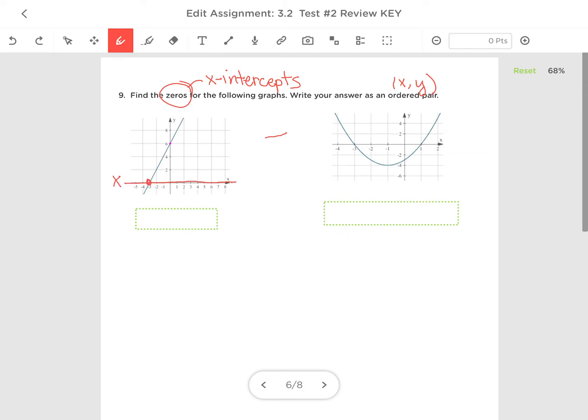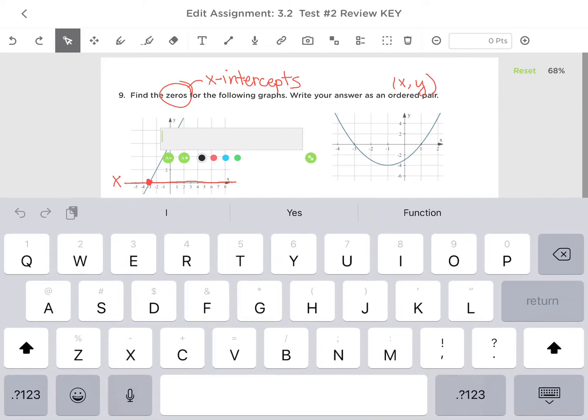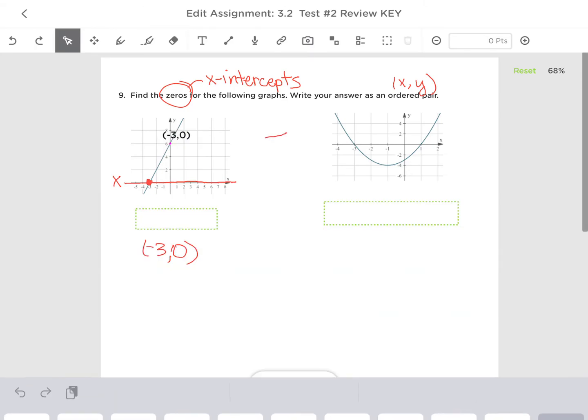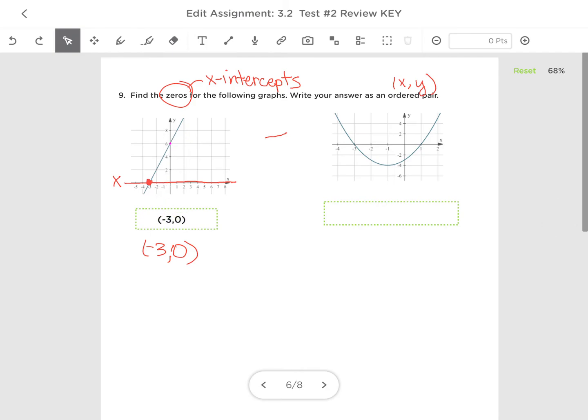We want to see where it crosses. It crosses at (-3, 0). So you can either write it (-3, 0), or to make it easier on your teacher, you type it. So (-3, 0). So it looks like that.